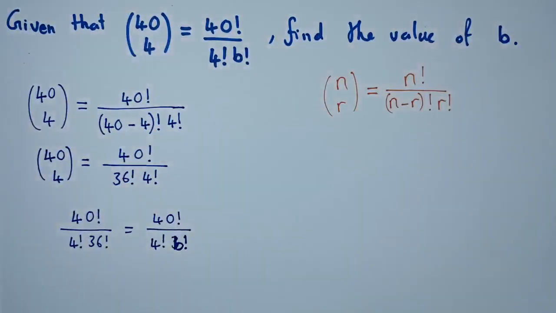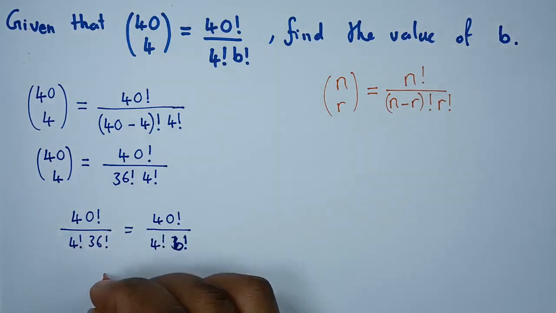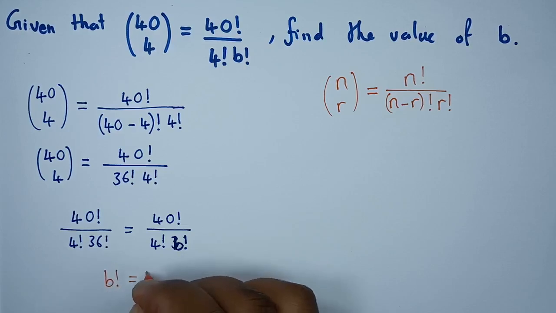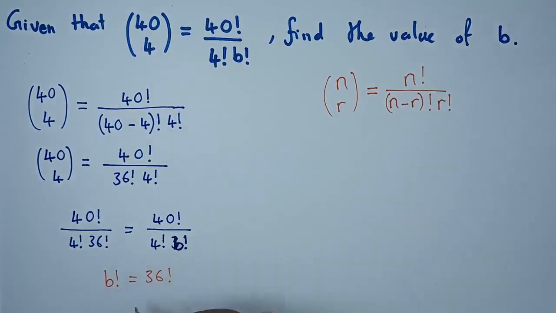It's obvious that the value of b is 36, but how we do it is like this. Everything is the same except this part, so b factorial is equal to 36 factorial. So in short, b is equal to 36. And there you have it, that's your solution for this particular question.